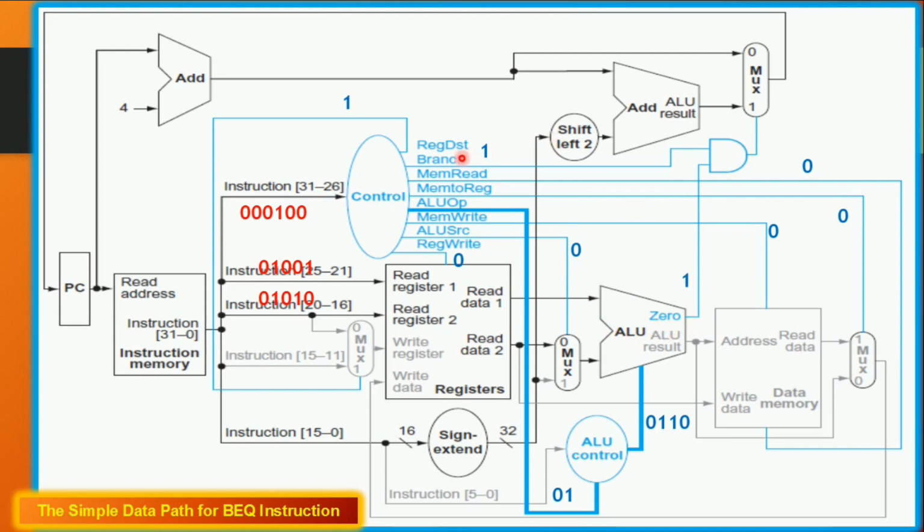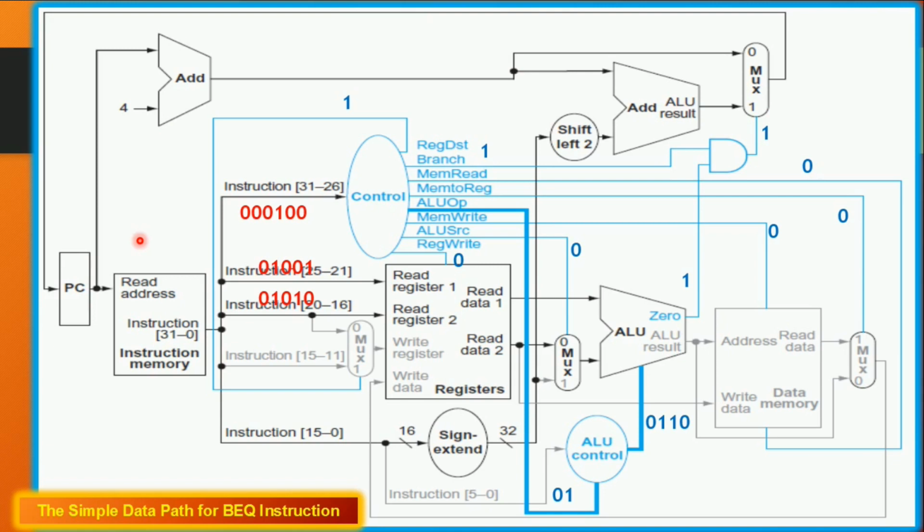So now my branch signal as well as zero signal are logic 1. So the output of the AND gate is also logic 1. So the target branch path will be enabled, and PC plus 4 plus offset times 4, that value will be loaded to the program counter. So this is the way your processor will be performing the branch equal instruction.